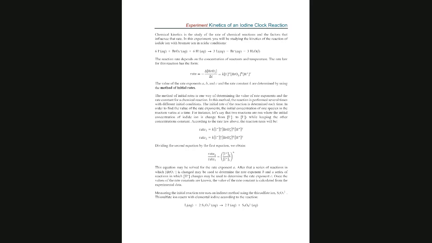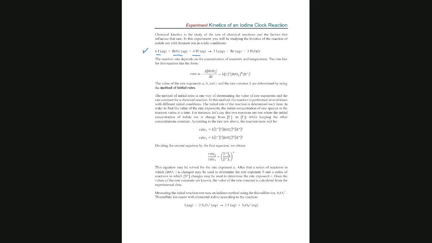So we will go over this. Here we see a chemical reaction. We will study the kinetics of the reaction between iodide and bromide in acidic conditions, and this is the reaction here that we will study.